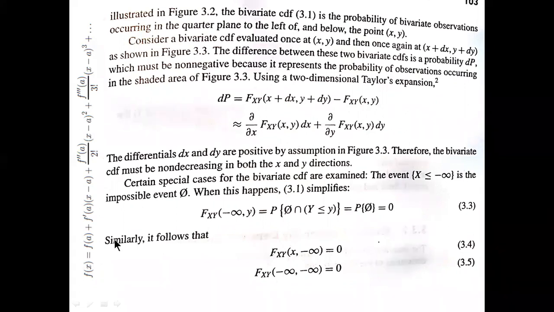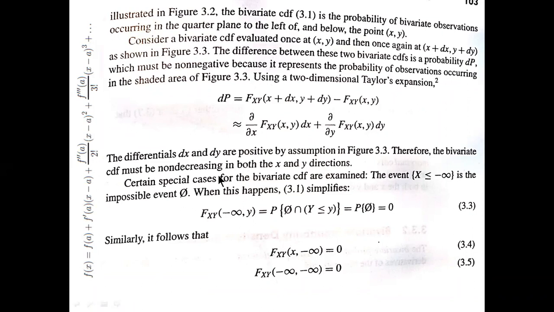Okay, so dash means differential, dx as it is, dy is again f dash corresponding to the variable y, dy is the difference between these two in the y direction. So the differentials dx and dy are positive by assumption.